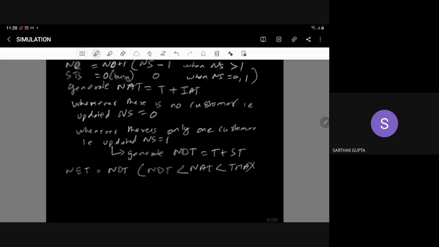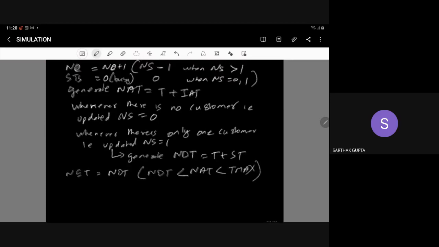If NDT is equal to TMAX, then we have to consider the TMAX. When NDT is equal to NAT, then also you have to consider the arrival only. For considering the NDT, it must be strictly less than NAT, strictly less than TMAX, and then only you consider the NDT.